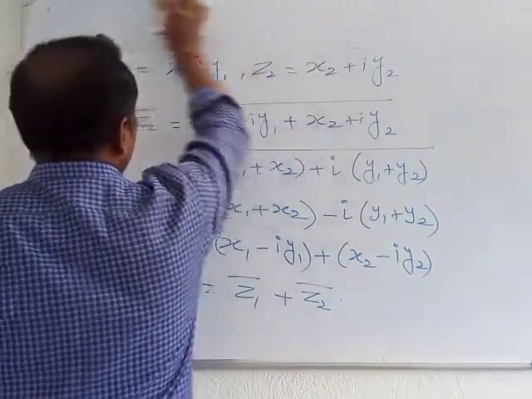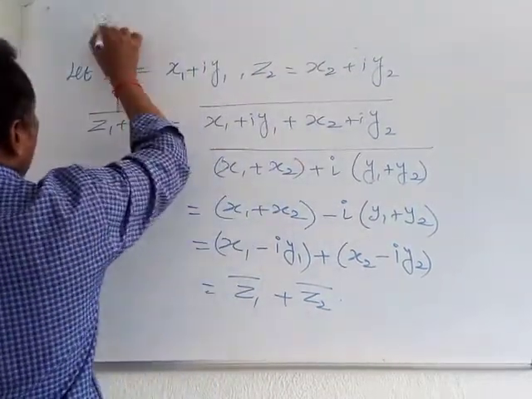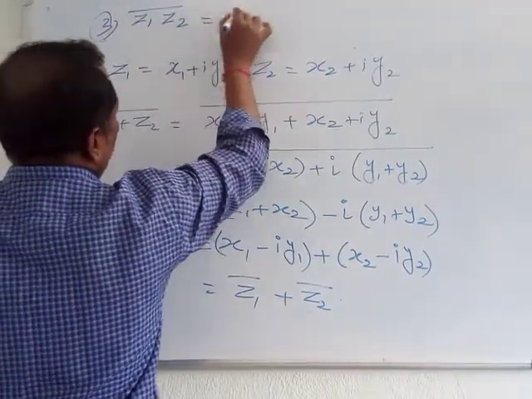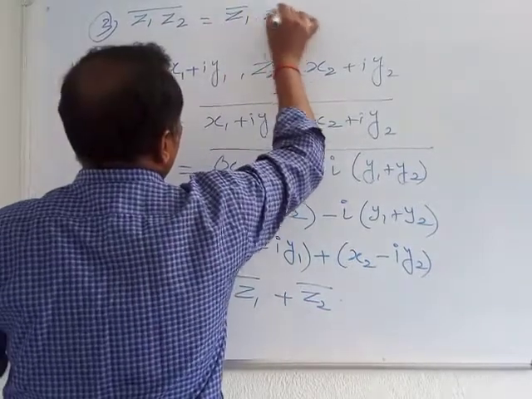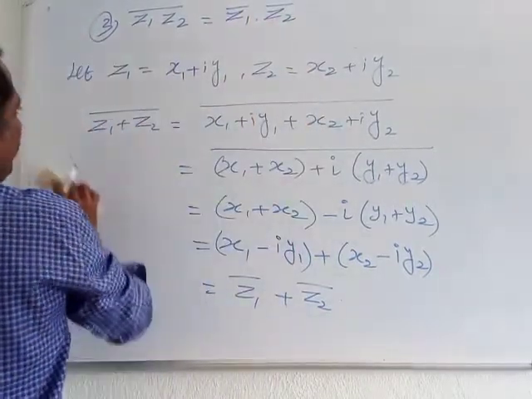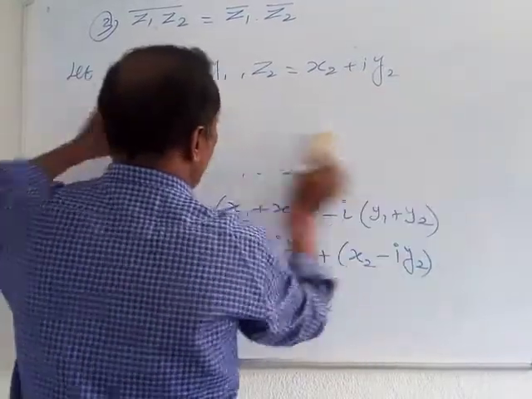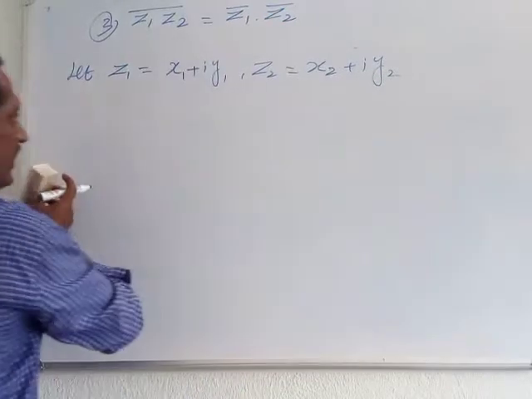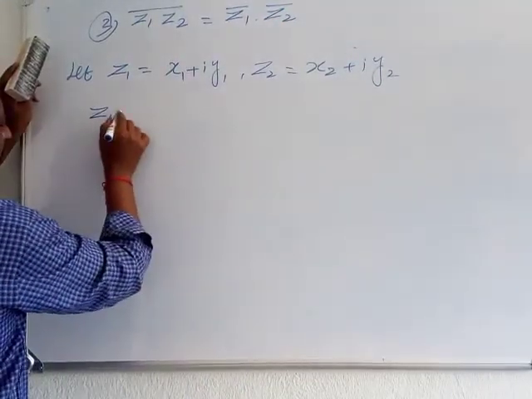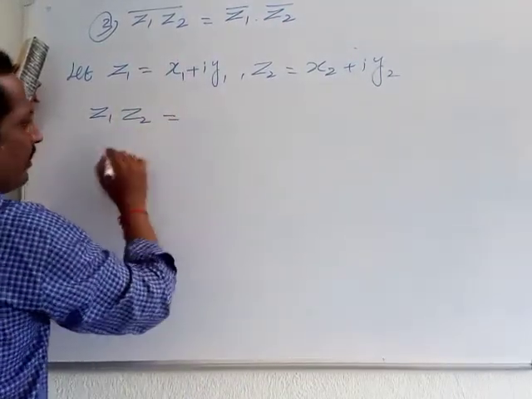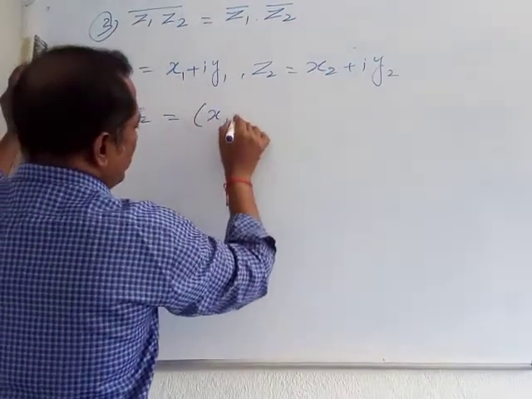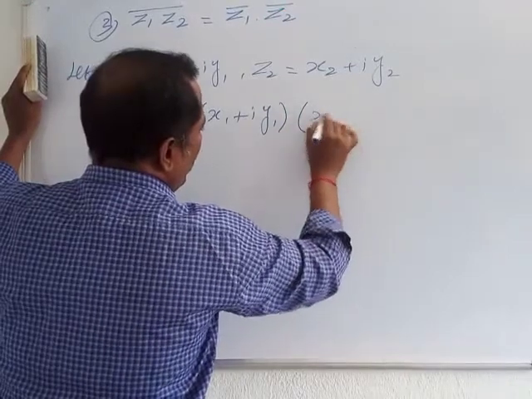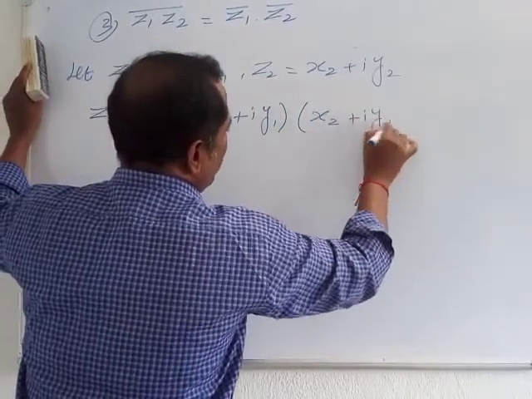And then the next, third property proof: (z1 into z2) whole bar is equal to z1 bar into z2 bar. So first I take z1 is equal to x1 plus iy1 and z2 is equal to x2 plus iy2. First you have to multiply z1 into z2. Z1 is x1 plus iy1 into z2 is x2 plus iy2.